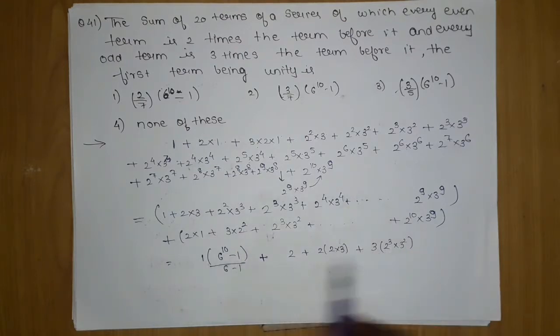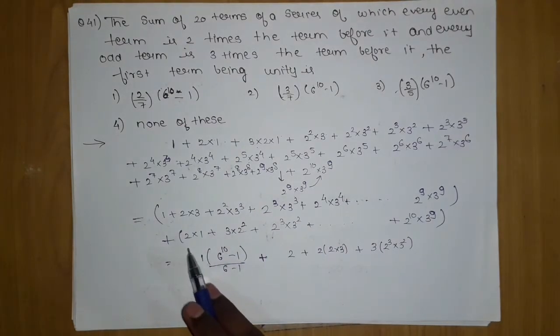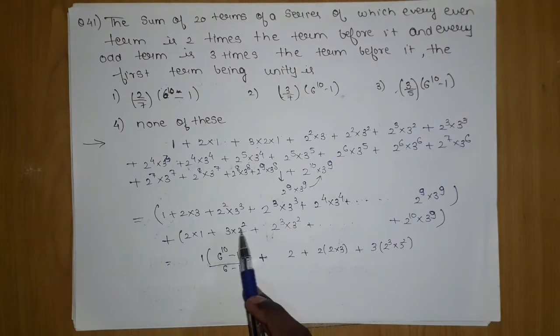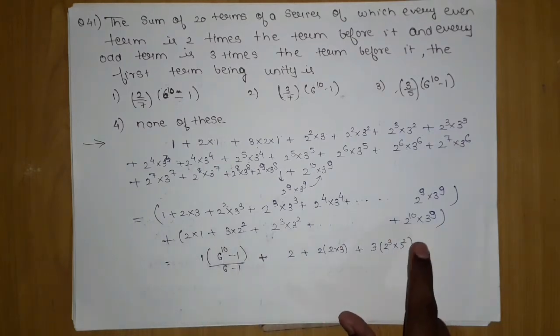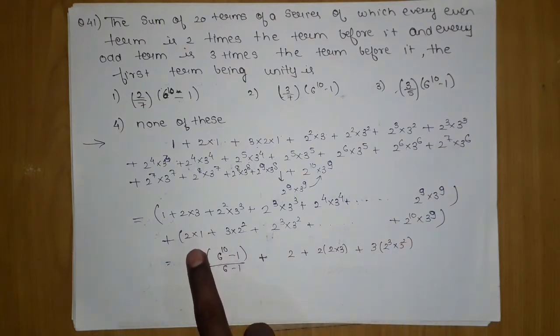Here 2 was there, this will be 6, for that 2 will move out, and again here it will be multiplied with 2 into 3, then it will become 3 square, this will become 2 cube, then it is not forming GP, that's the problem. These are all forming a GP, but this is not, it's not in GP.